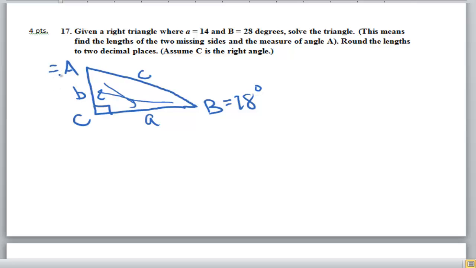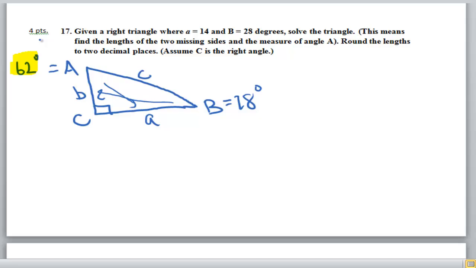So A is the easy part, right? If B is 28 degrees, A is just going to be 90 degrees minus 28 degrees, right? Because the two acute angles have to add up to 90, so 90 minus 28 is going to give you 62. So honestly, if you set up this picture correctly and then you got A equals 62, you had 2 points out of the 4, right? Without even doing any trig.